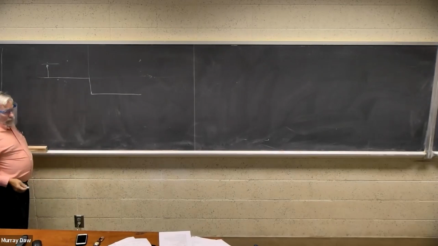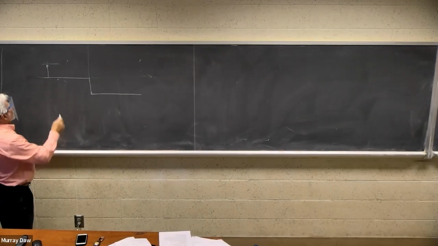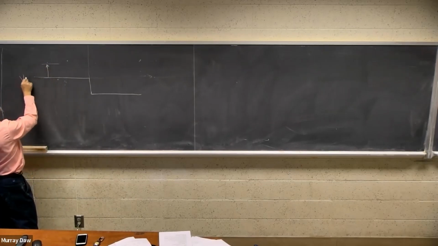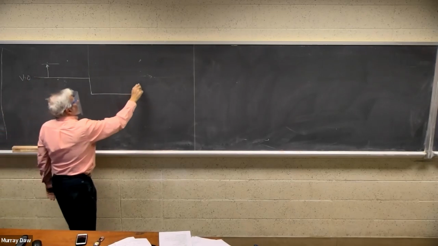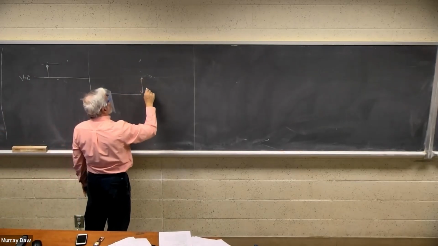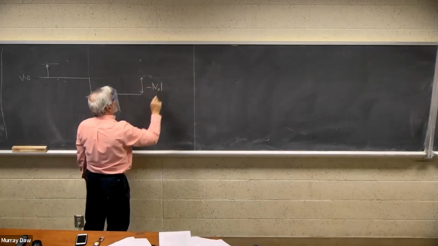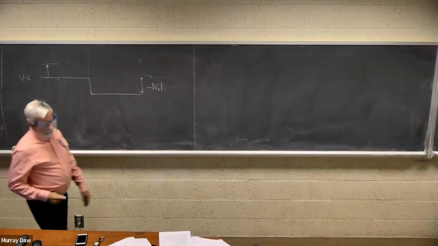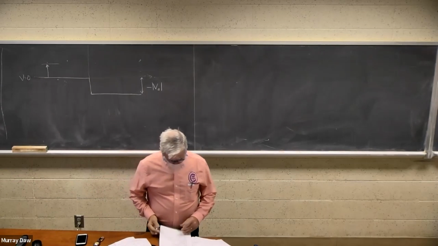So you could set the 0 of energy anywhere, any way you like. But I would probably tell you, set it equal to 0 on the left, and then equal to a negative value on the right. Is that one of the problems?